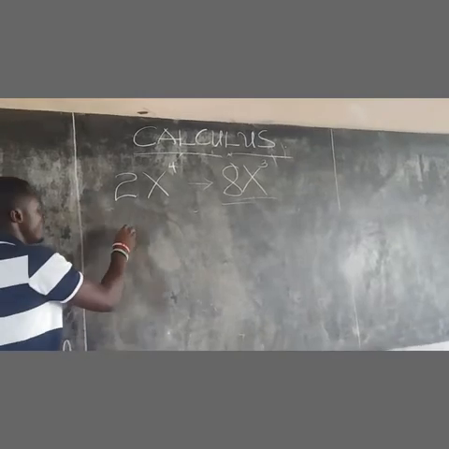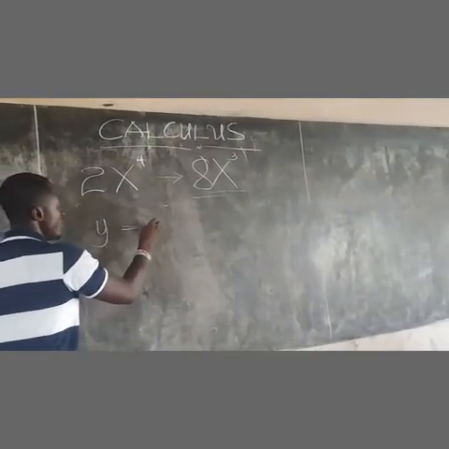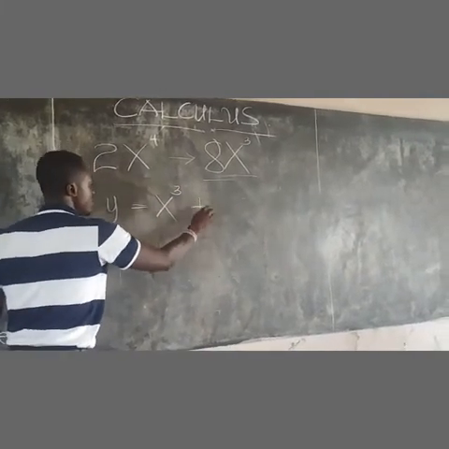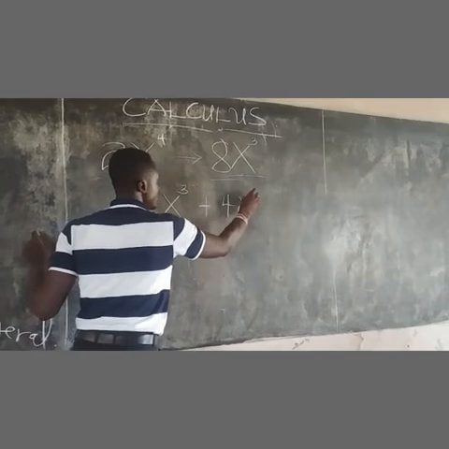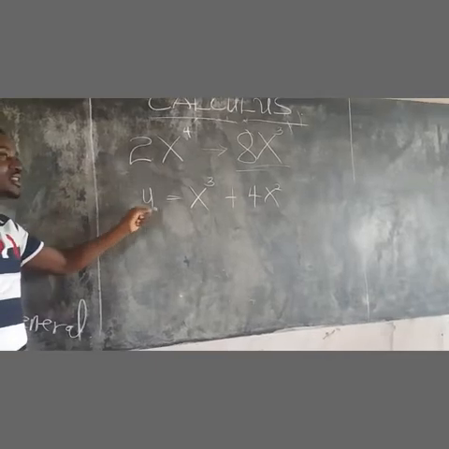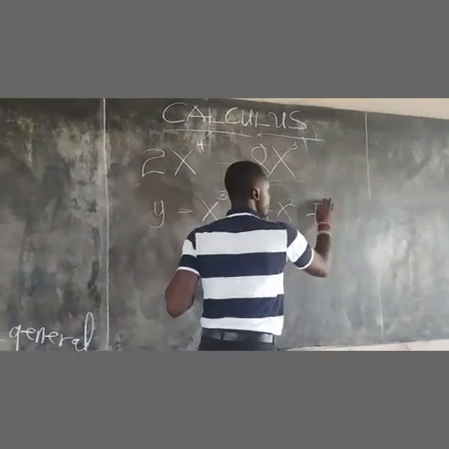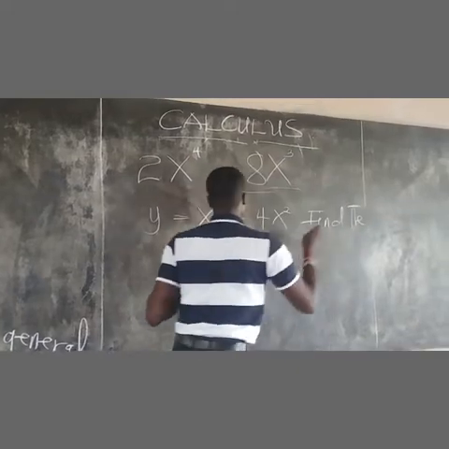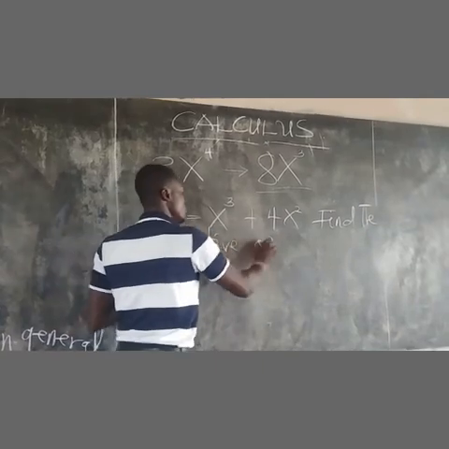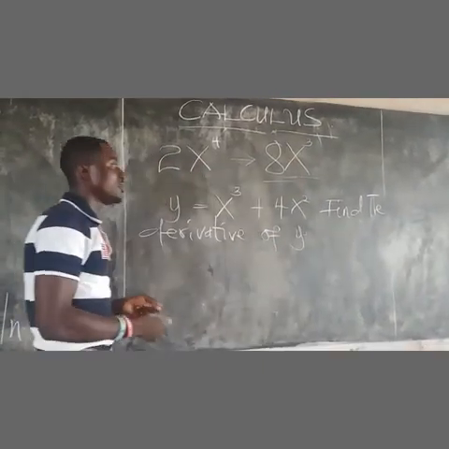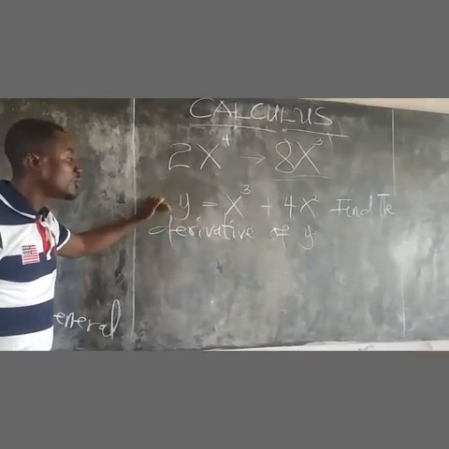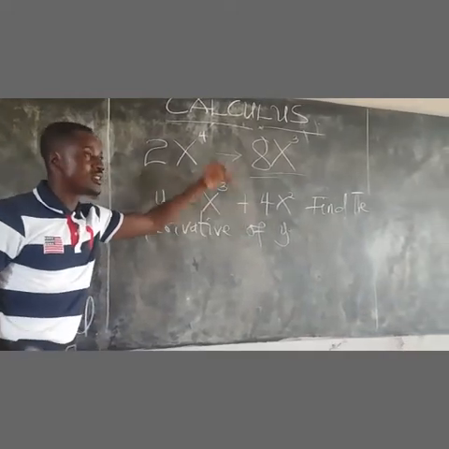Let's say that we have a function y is equal to x cubed plus 4x exponent 2. You have been asked to find the derivative of y, or differentiate y is equal to x cubed plus 4x squared.